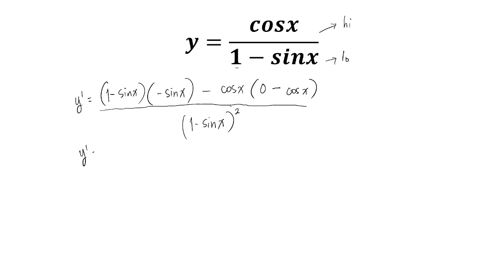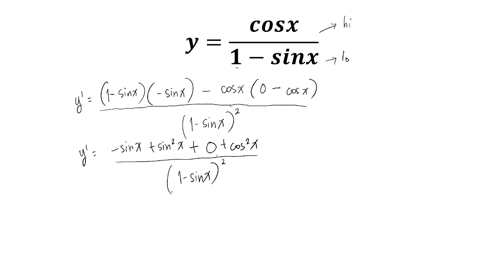And then let's simplify. Y prime equals, let's multiply negative sine x to 1 minus sine x. We get a result of negative sine x plus sine squared x minus 0, then plus cosine squared x all over 1 minus sine x, that's quantity, squared.